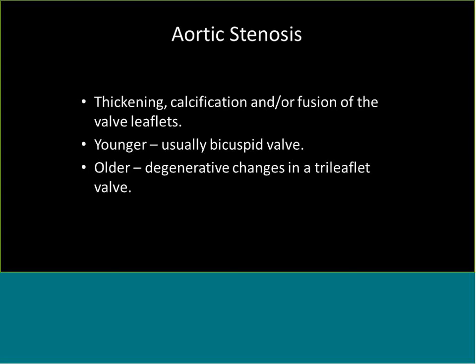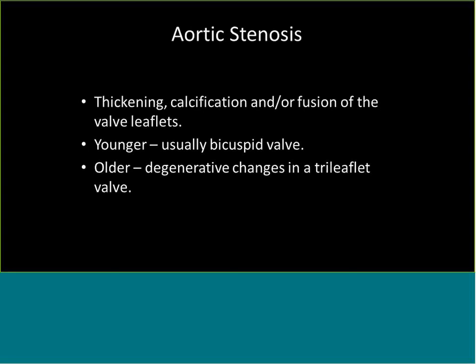So now a few of the individual structural heart abnormalities. Aortic stenosis is pretty much a review. There's thickening and calcification and/or fusion of the valve leaflets. If you have a younger patient who has aortic stenosis, typically they have a congenital bicuspid valve, either a true bicuspid, two-leaflet aortic valve, or sometimes failure of the commissure to split, so there's a fusion of the leaflet.